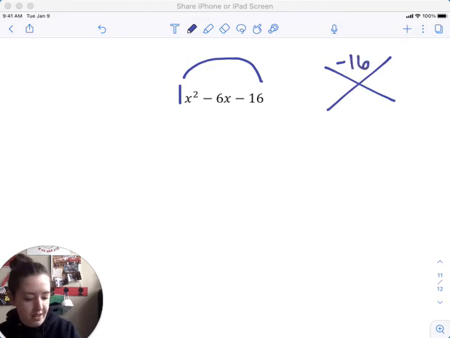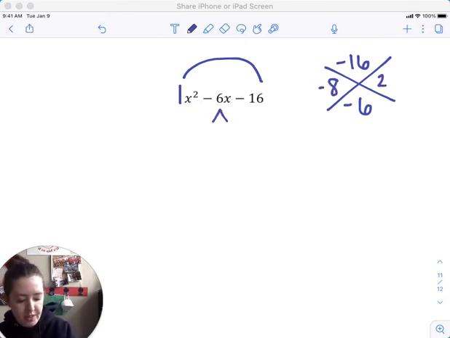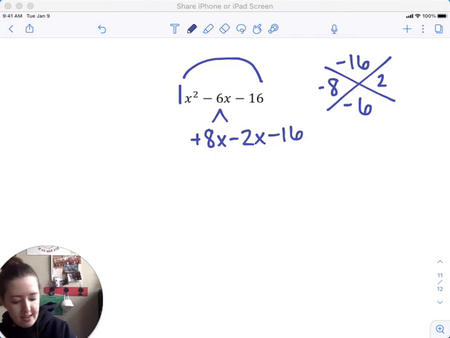Our b value, that guy in the middle, is negative 6. What multiplies to negative 16 and adds to negative 6? Negative 8 and positive 2. So we'll split our middle term into positive 8x minus 2x. The negative 16 is still in the back. That x squared is still in the front.